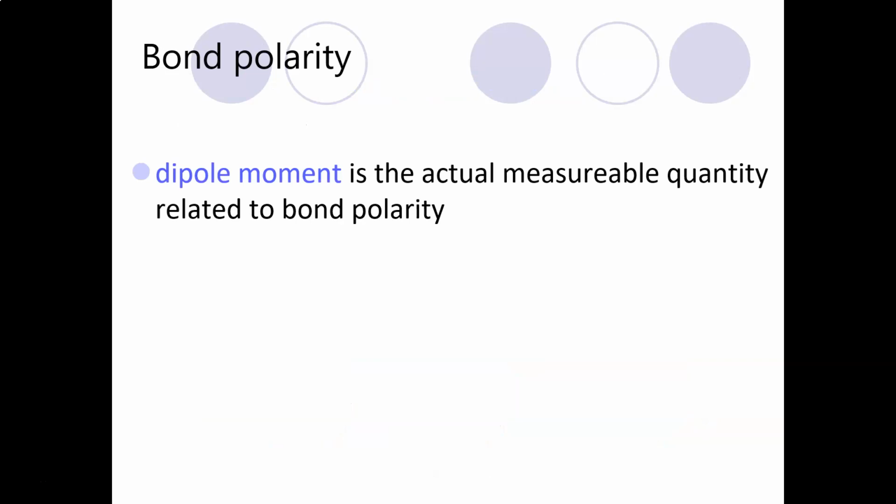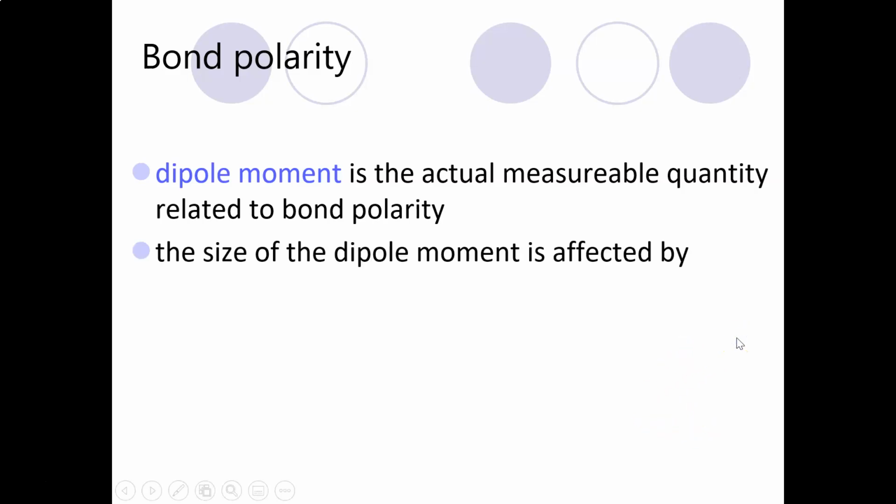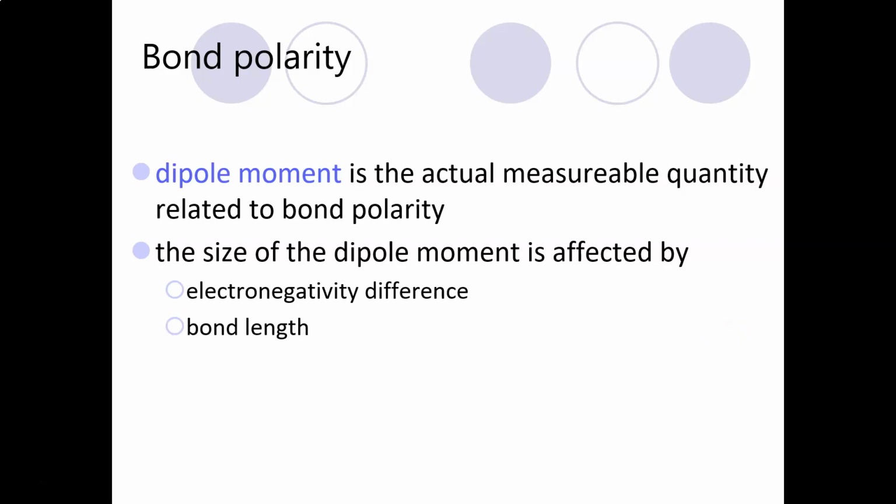So bond polarity causes what we refer to as dipole moments. This is actually the quantitative measure of bond polarity. We never really looked at that in first year. We're going to look at it a little bit this year. We're not going to calculate it too much, but just know that the things that contribute to a bond dipole are the differences in electronegativities and the length of the bond.